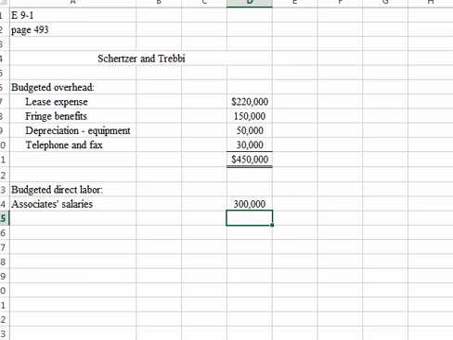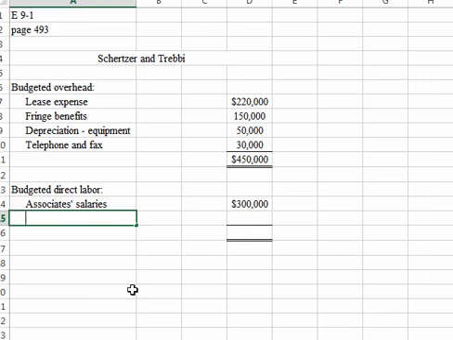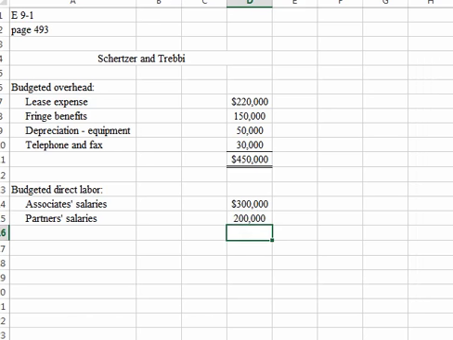You might have expected those to be larger than partner salaries, but it could be that there are lots more associates than partners. That's probably the reason for that. Then we have partner salaries, which were $200,000. Alright, we want to sum those. We get $500,000.